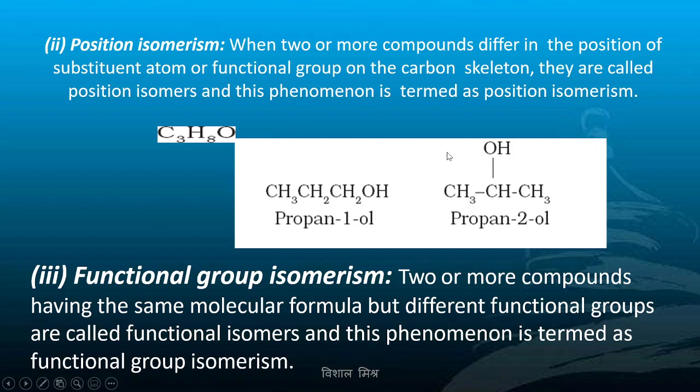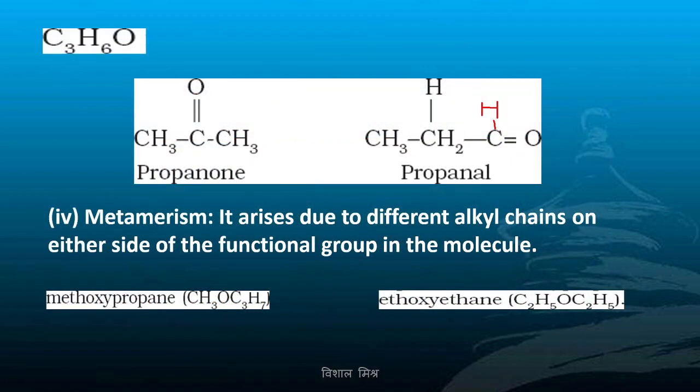Next comes functional group isomerism. Here what happens? The molecular formula remains the same, but the functional group becomes different in both cases. See an example here. Here the molecular formula is C3H6O, but the functional group is different in the two cases.